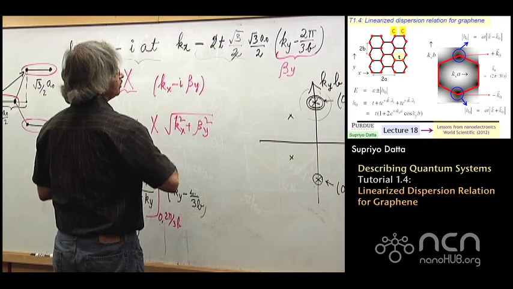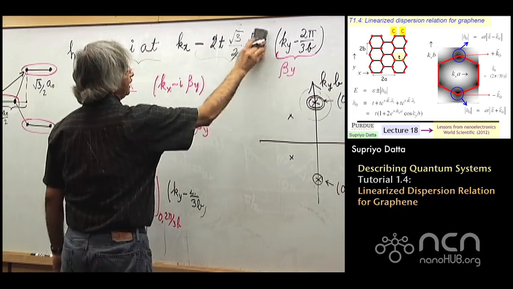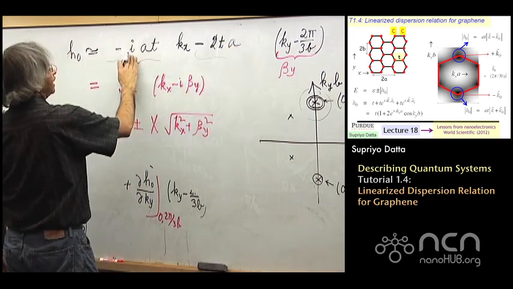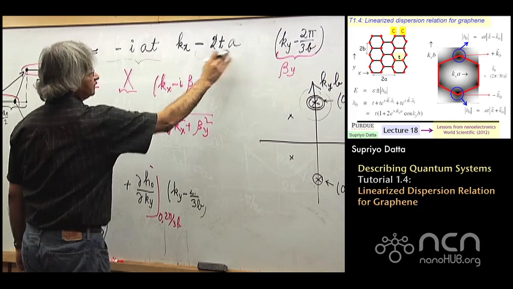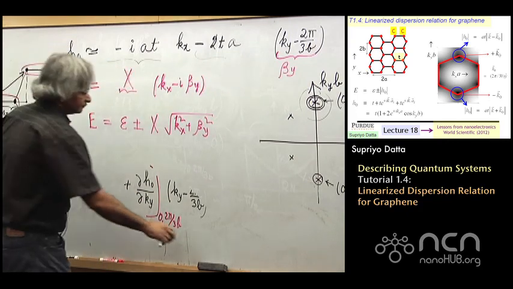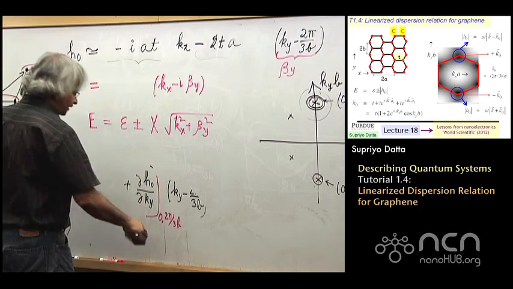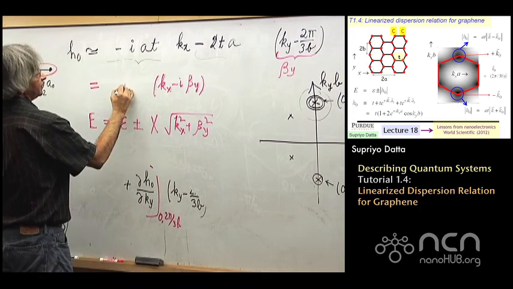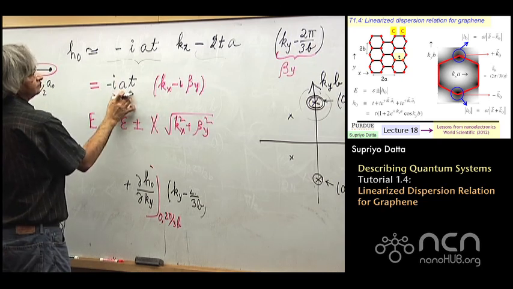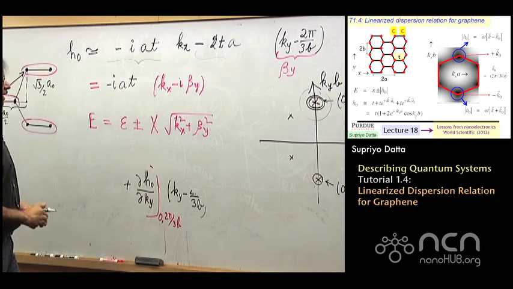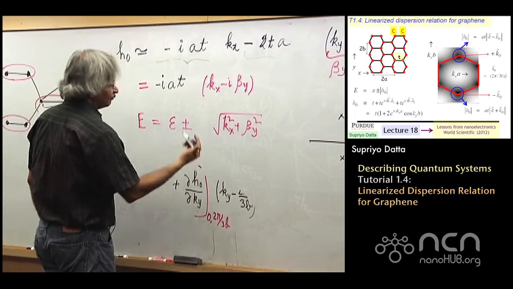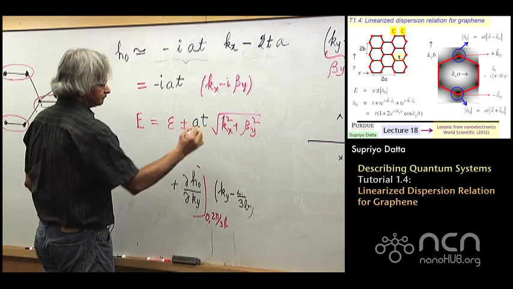And so you get 3 A0 over 2, which is basically just A. So now you see this is i A t and that's just A t. So what you have here is something whose magnitude is A t, basically like minus i A t. And so when you write down the energy value, what you have here is A t.